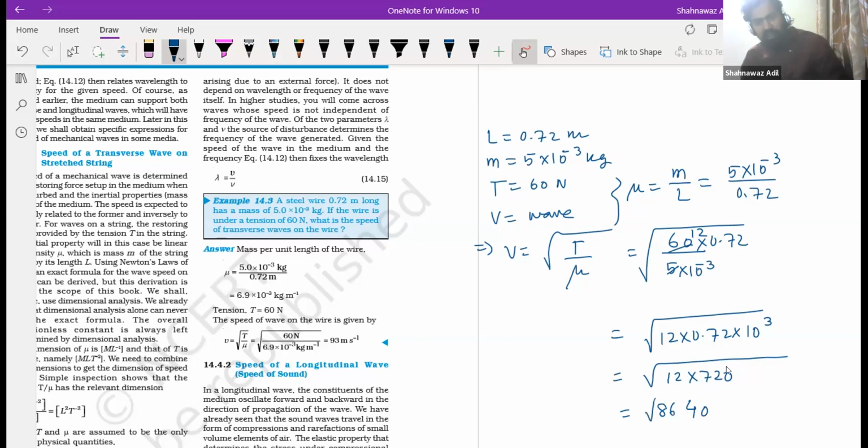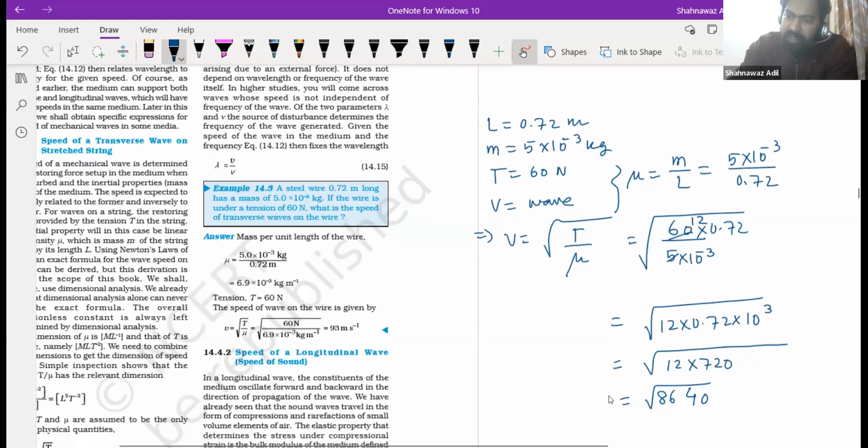If we calculate this, how much would that be? 8640. 12 into 7, 86, right? Correct. 8640.